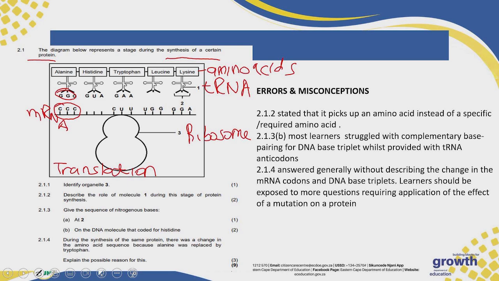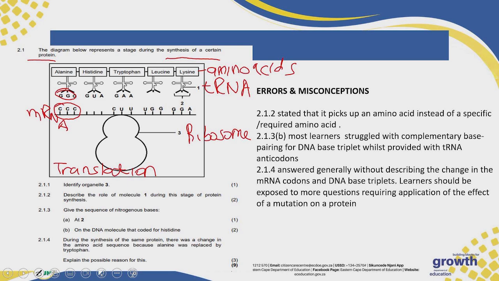The role of the molecule 1, which is tRNA, is that it brings a specific amino acid, or the required amino acid. You can't just say it brings an amino acid, because each tRNA molecule is carrying a specific amino acid, and it doesn't change, because that is determined by the anticodon that is on the tRNA.